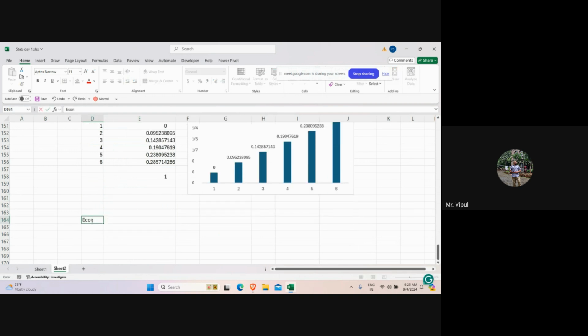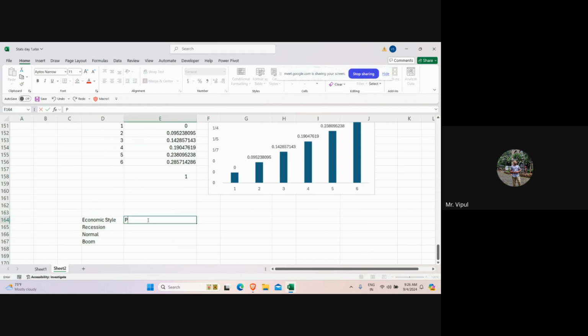We have a table in which we have economic state: recession, normal, boom, right? And here you have a probability. We have 0.1, 0.7, and 0.2.